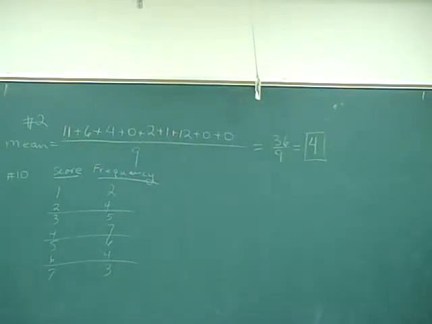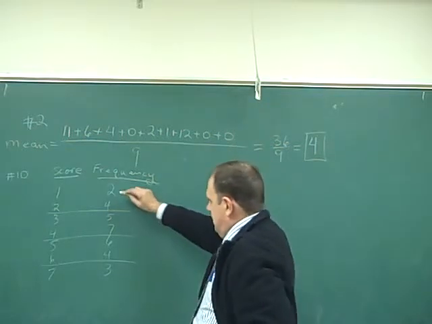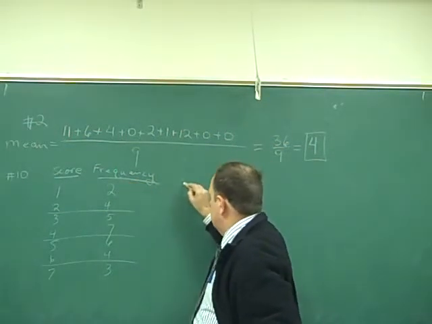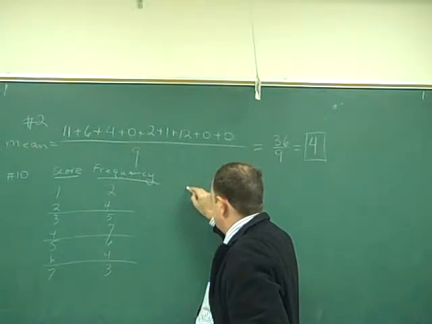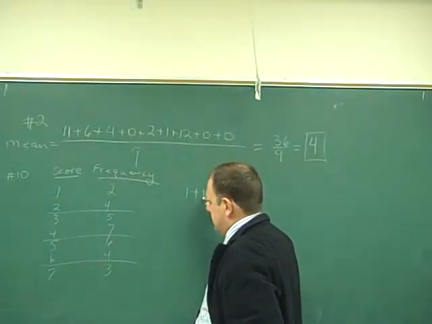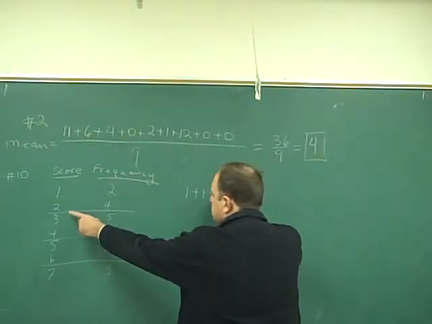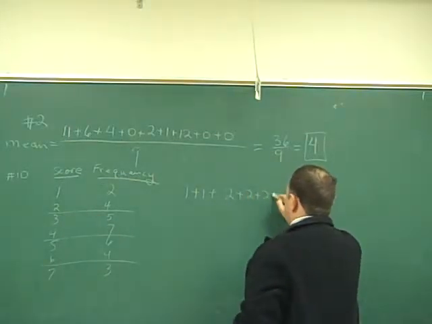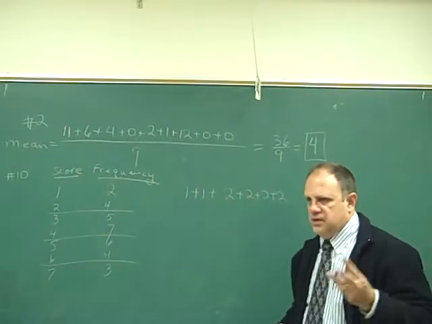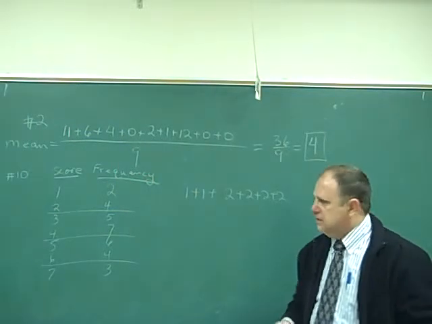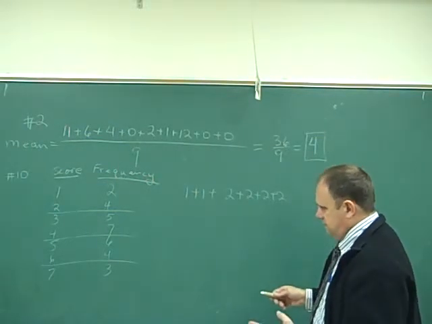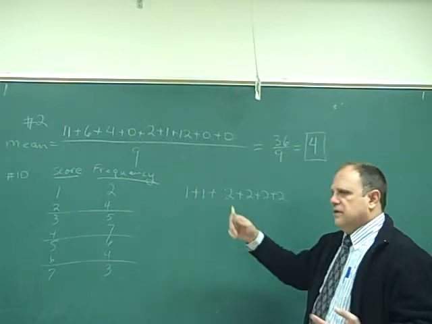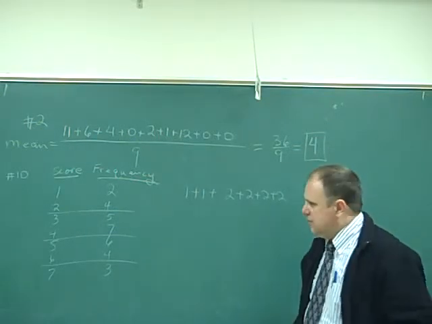So in reality, what we have here is not just a 1. What we really have here is 1 plus 1. And then for 2s, we don't just have a 2, we've got 2 plus 2 plus 2 plus 2. Okay, we got 4 because we've got 4 2s. And then for 3, we don't have just 3, we got 3 5 times, right?